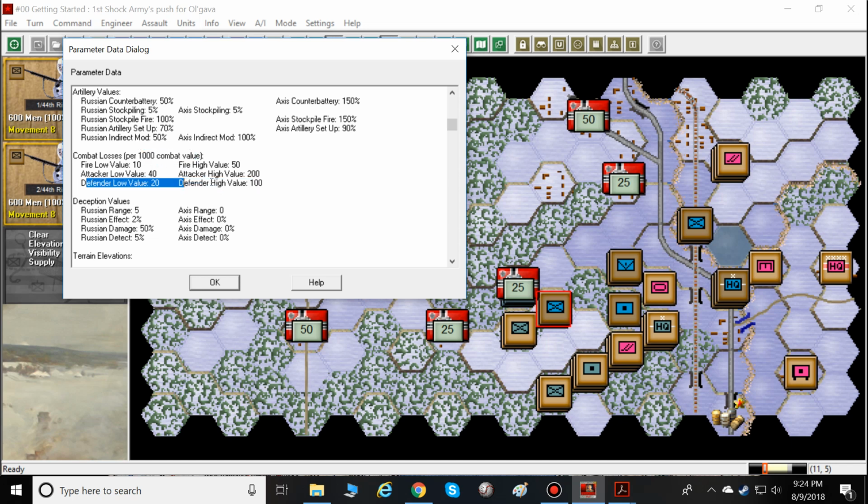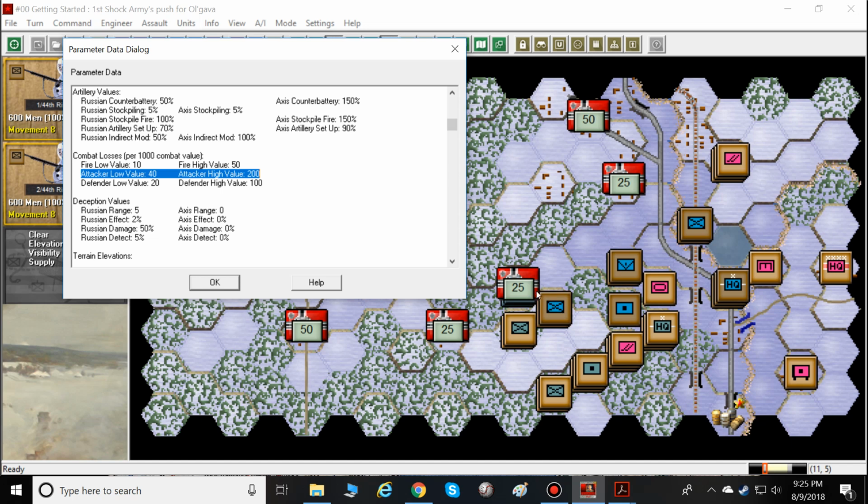What I'm trying to show you is the defender values are half what the attacker values are. So you always want to make sure if you're going to be assaulting an enemy unit, you've got the upper hand. They're going to have to be disrupted, so they're at half firepower. They're going to have to be punished before you go in and sweep them up and get rid of them.